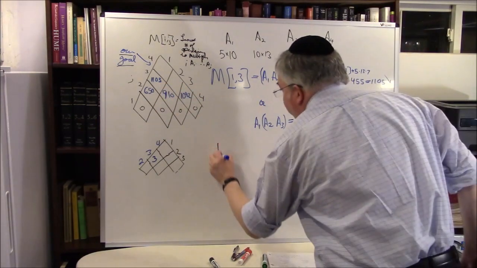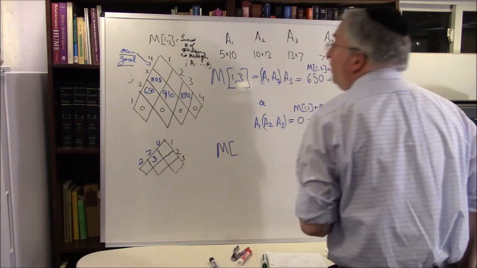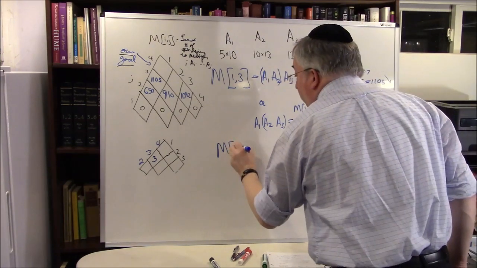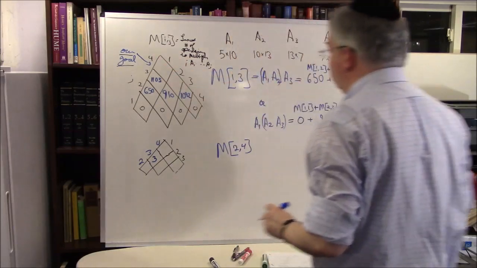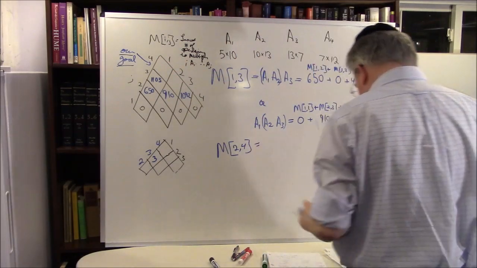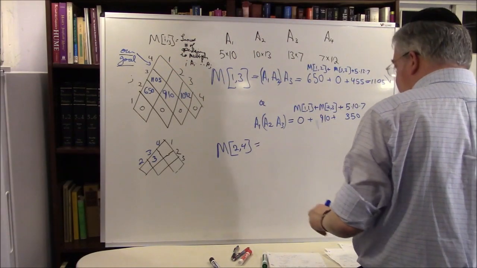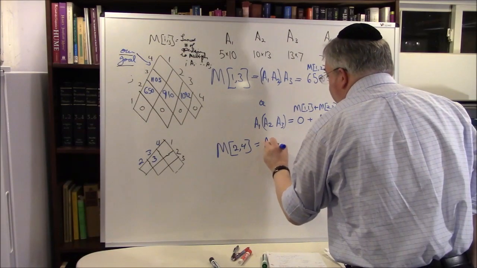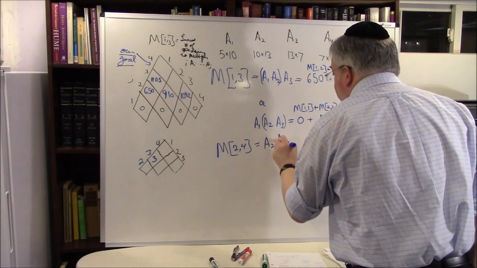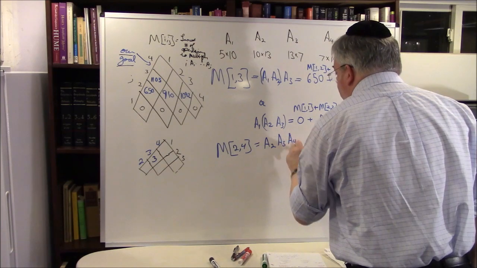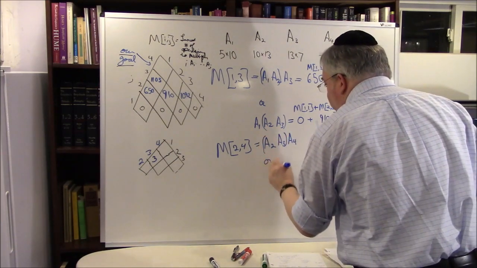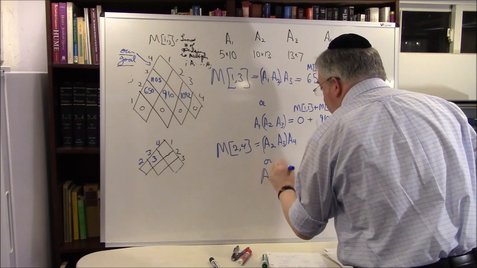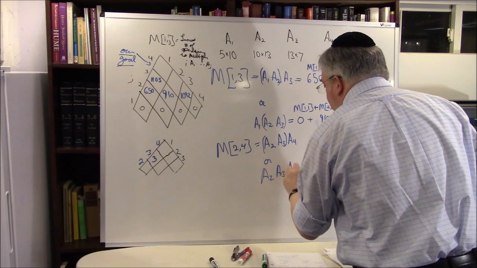Ready? M2,4. This is the 2-4 position. Okay? And we have to go through it. There's two possibilities for this. There's either A1, A2, A3, A4. We can multiply it like this. Or, that's or, A2, A3, A4.